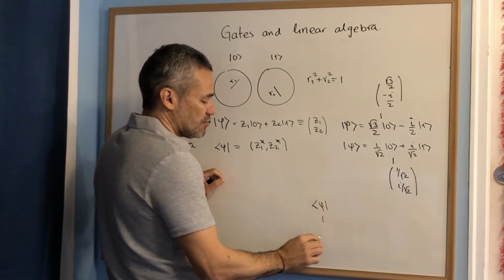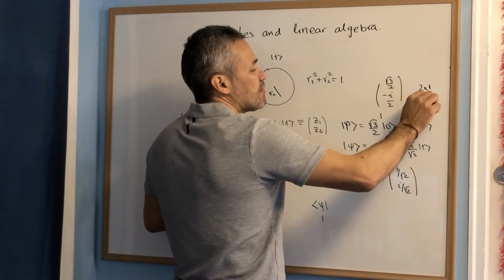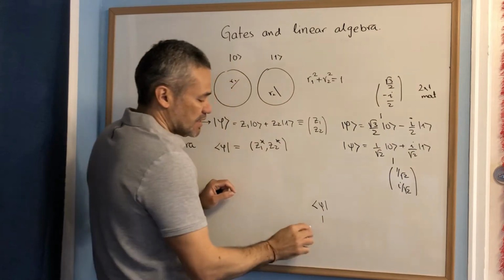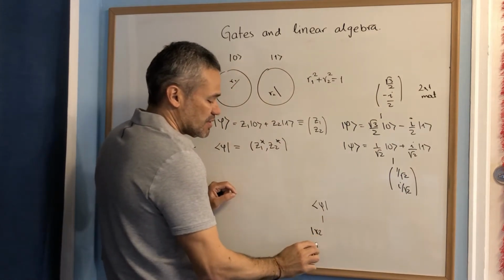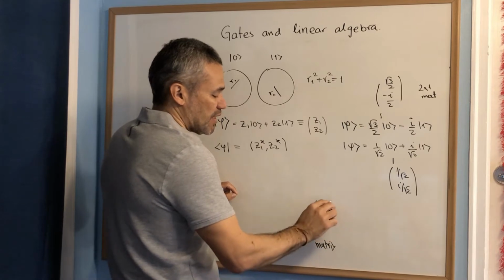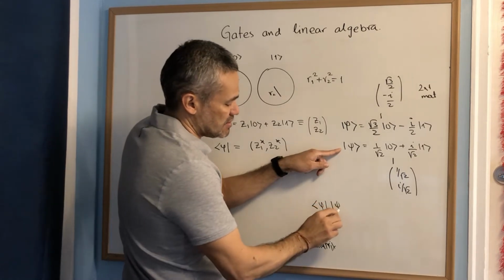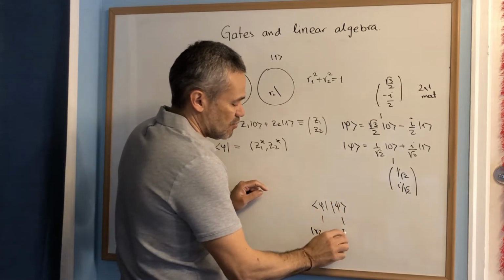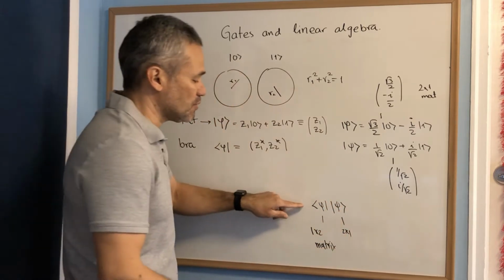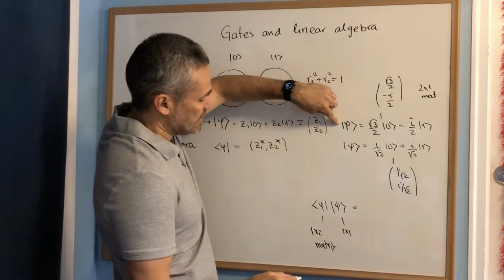Remember, this ket can be viewed as a 2 by 1 matrix. Then this bra is going to be a 1 by 2 matrix. And we can multiply this matrix with this ket, which is a 2 by 1 matrix. Let's see this product. This is the ket.